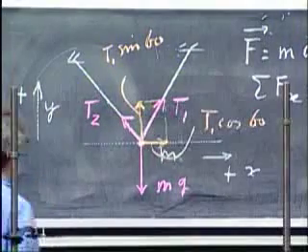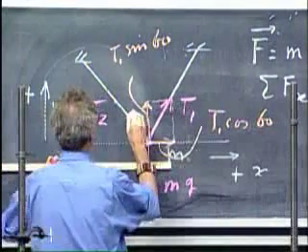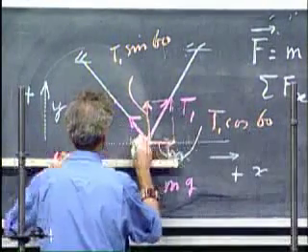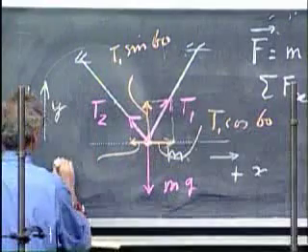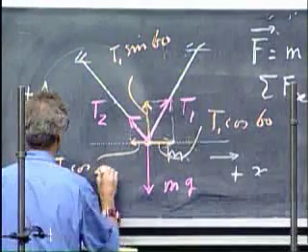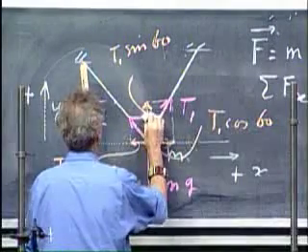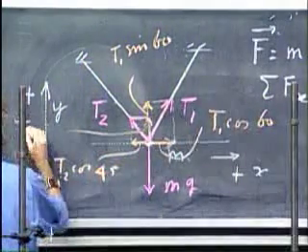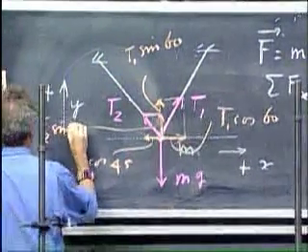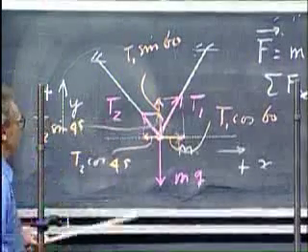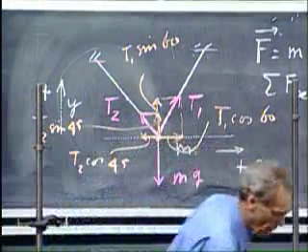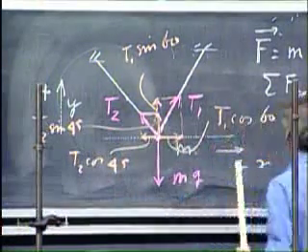This projection is T2 cosine 45 degrees, and the y component is T2 times the sine of 45 degrees. So we go into the x direction.